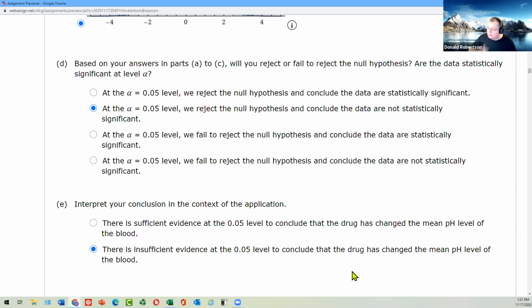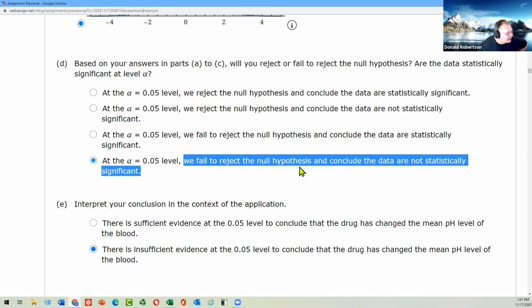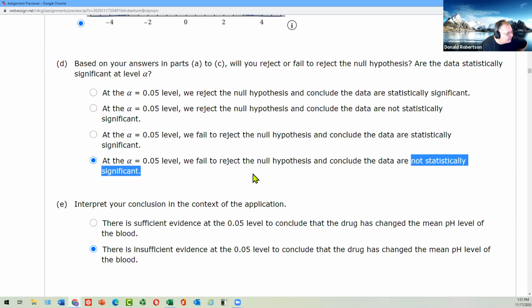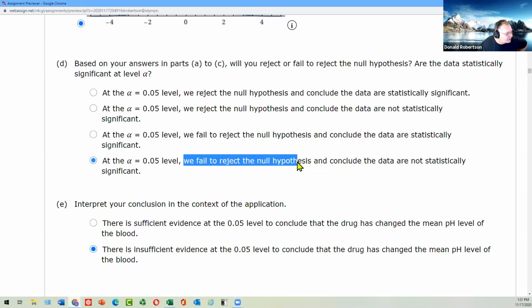So you pick the two that mention not statistically significant, and from the two up here that mention it, you've got this one and this one. Oops, I'm glad I checked. You always pick the fail to reject. When it's not statistically significant, you pick the one that says we fail to reject. Those two always go together.